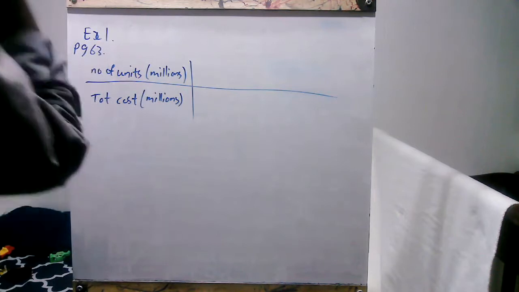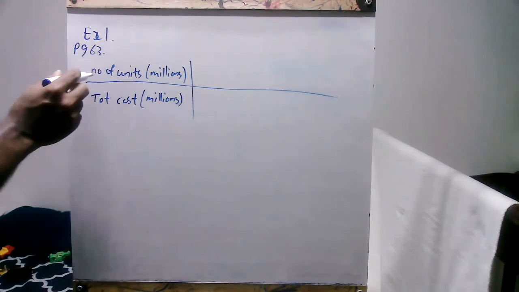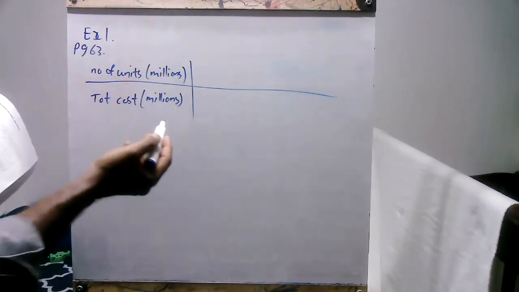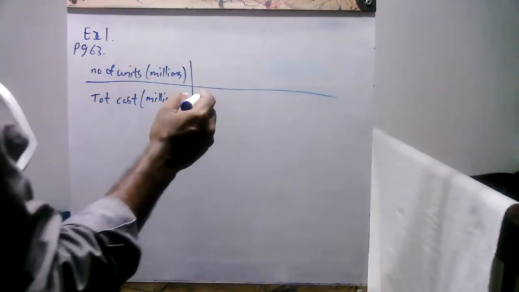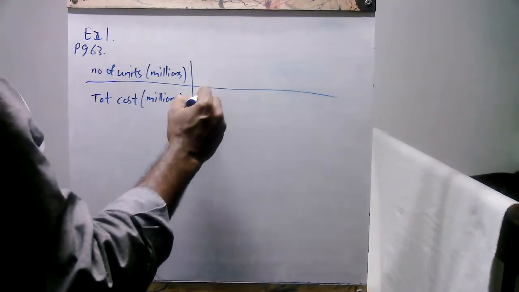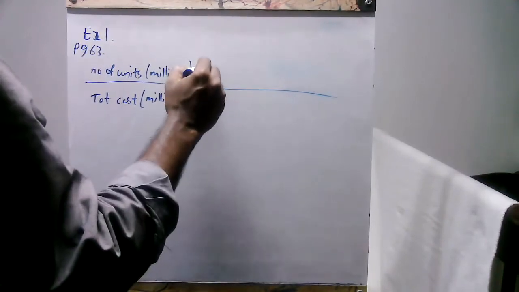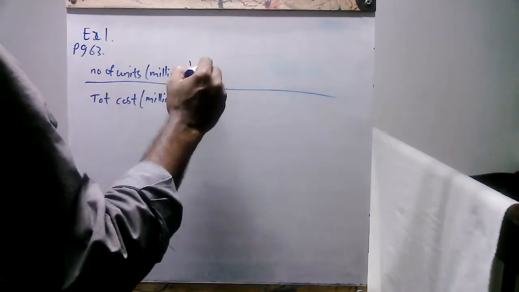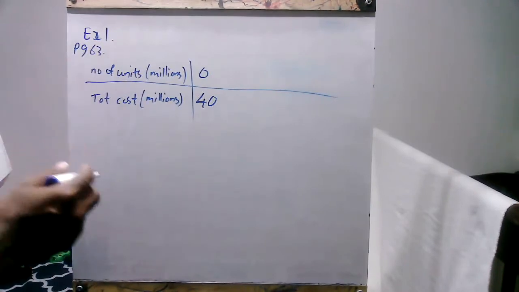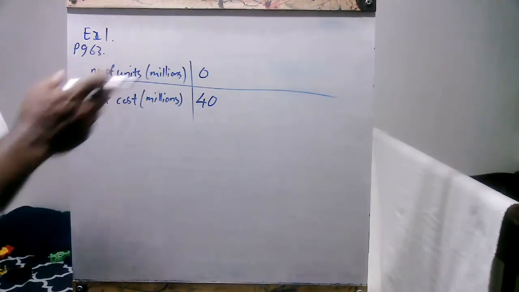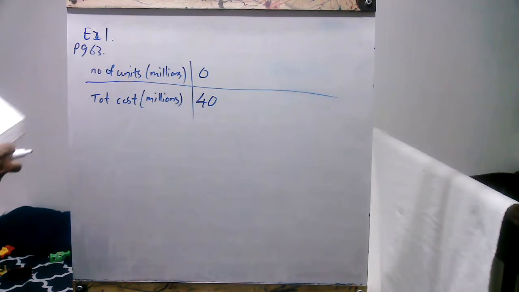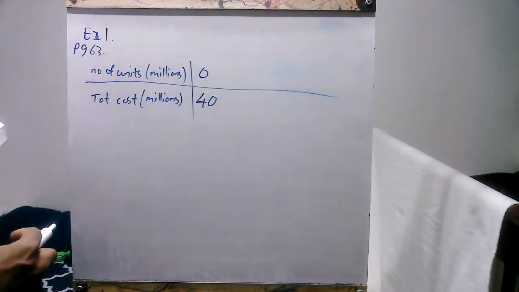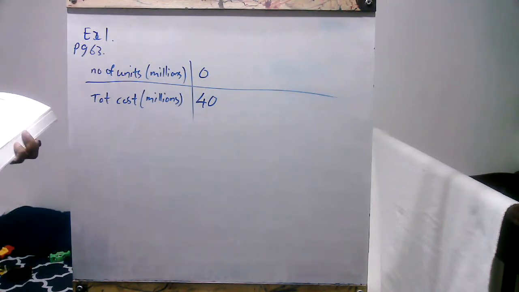So total cost, when number of units is 0, it's 40 for equipment. That's the overhead. Even when this is 0, the total cost is 40. Now let's read this. It then spent 2 million on raw materials for each million units.